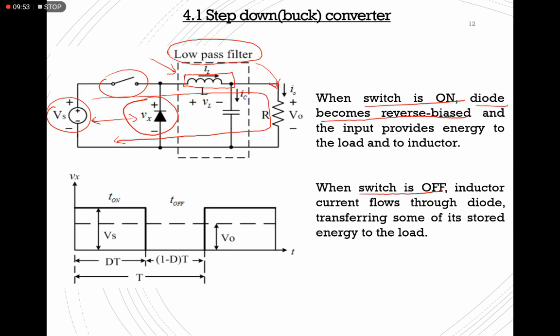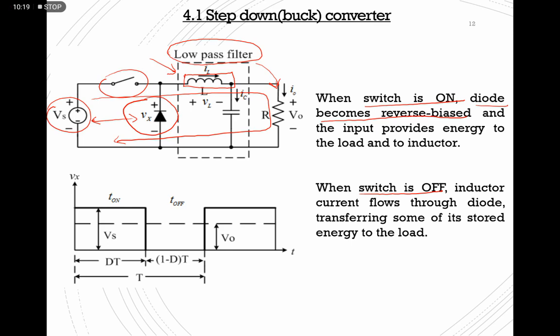So when your switch is on, it will store energy inside this inductor. When your switch is off, the energy in the inductor will be released to the load in order to provide a continuous current flow in the circuit.